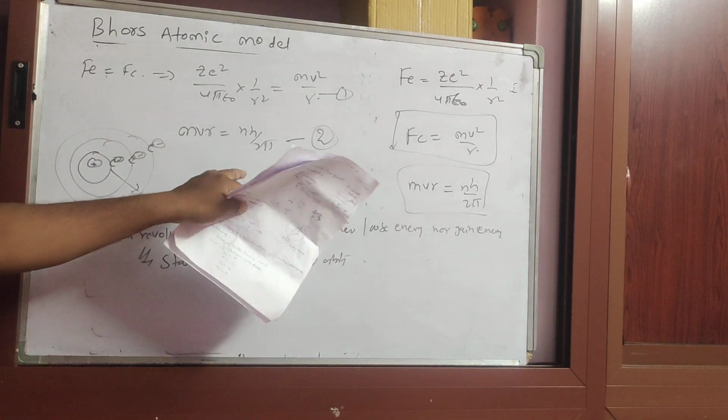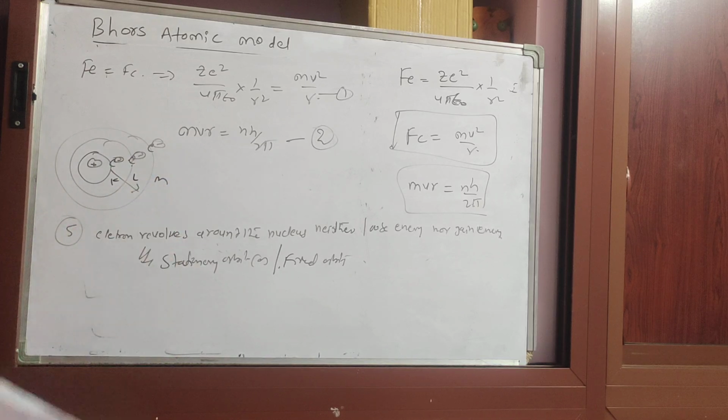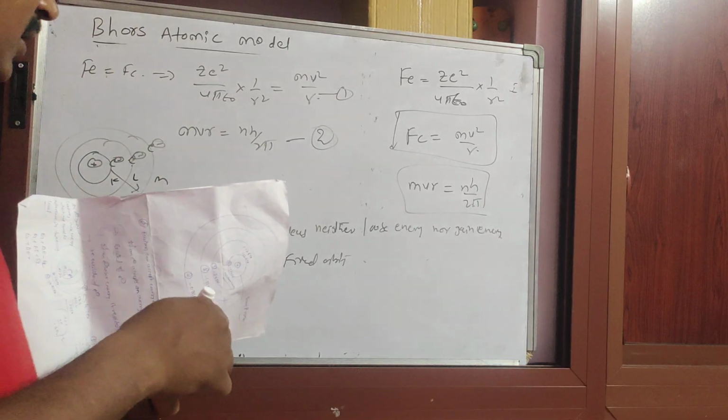These orbits are called stationary orbits. If you take K, L, M like this, these are the stationary orbits.